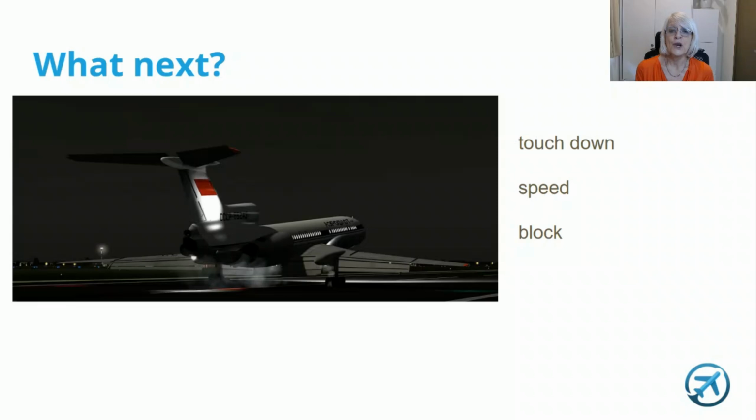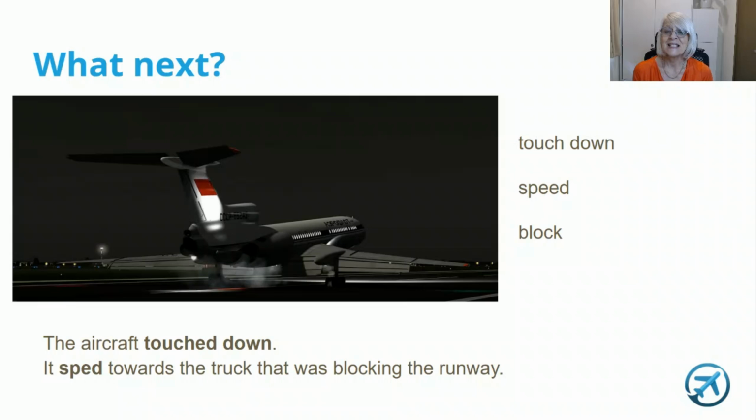And then we have the verb block. And in this picture example, I'm going to use it in the past continuous tense, was blocking. What next? The aircraft touched down. It sped towards the truck that was blocking the runway.